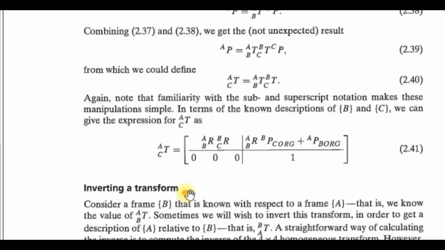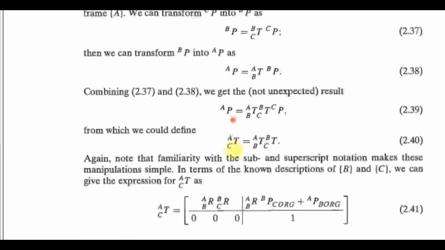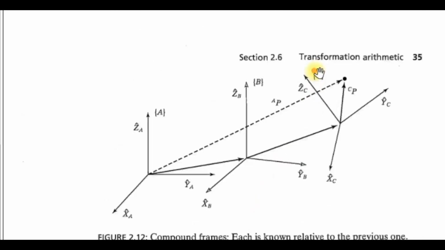Why is it important? Because if you consider a robot arm, the robot arm rotates in different angles. So how do you calculate which is the current position, or inversely?